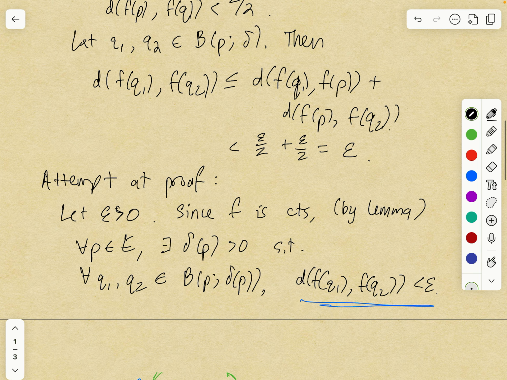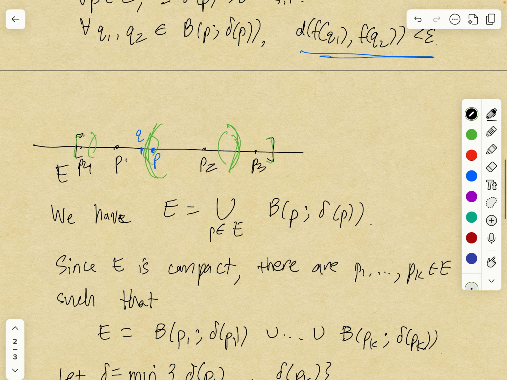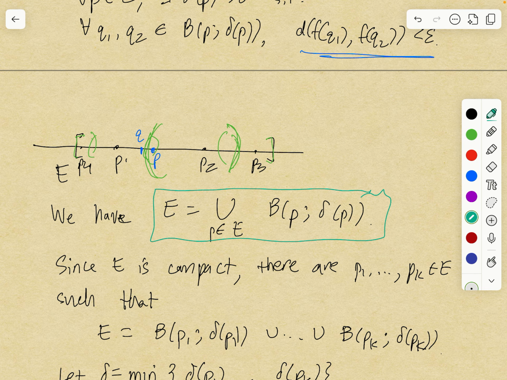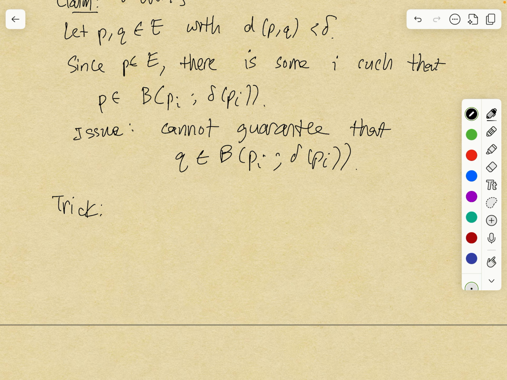You have for all, let's see, where is the open cover? We have this open cover, and we took a finite subcover of the open cover consisting of these open balls. The trick is don't use this open cover. Instead, what you do is you go back. So here's your E. Let's say this closed interval.